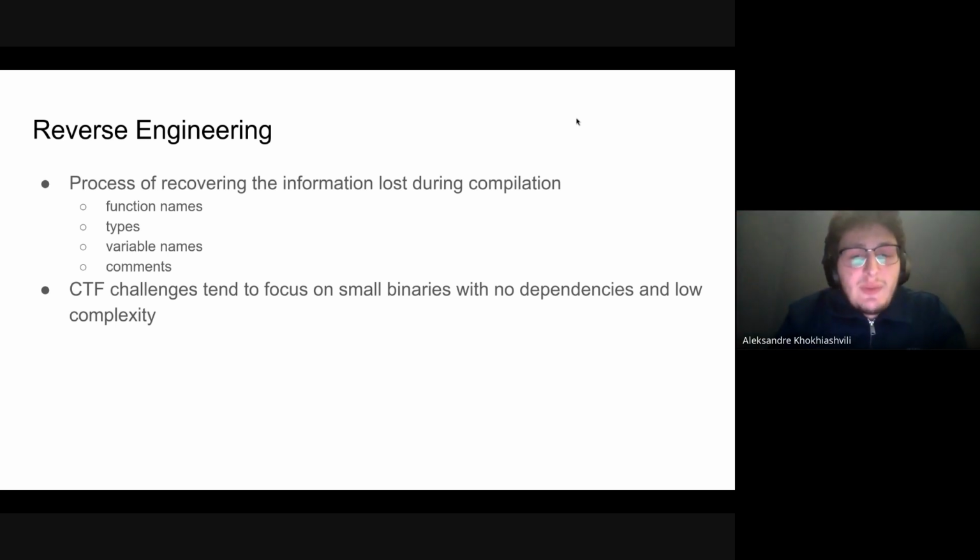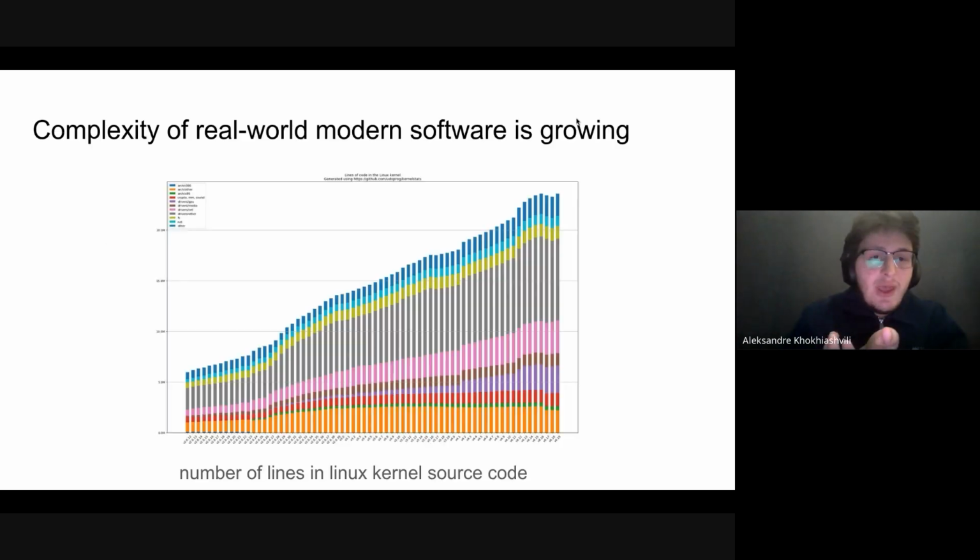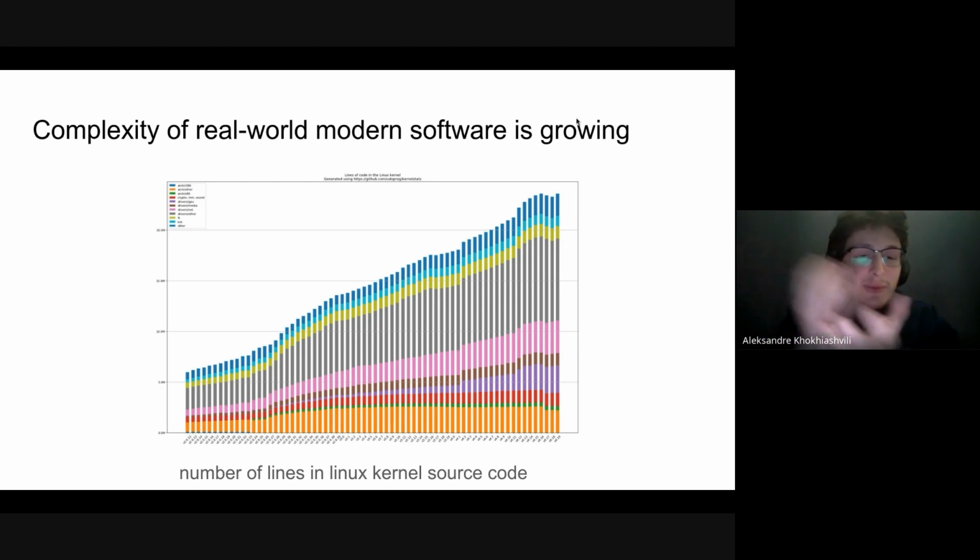CTF challenges and small binaries all have low complexity, mainly have no dependencies, are written in C, and sometimes they are not well representative of realistic programs which you might find in today's world. In this talk, I want to talk about real-world programs, and I want to point out that the reality is that the complexity of modern software is ever growing. For example, this is a graph of lines of code in the Linux kernel, and I think it's above 20 million lines now.